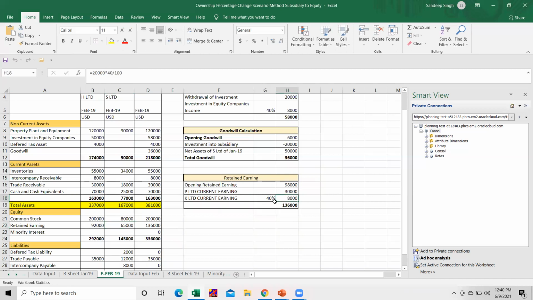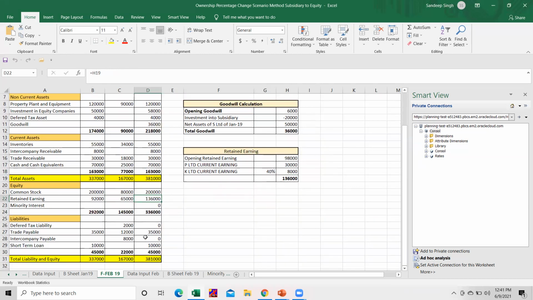If I calculate 40% of the current retained earning, it is 8,000. So this is how we have calculated the retained earning number, which is 1,36,000.